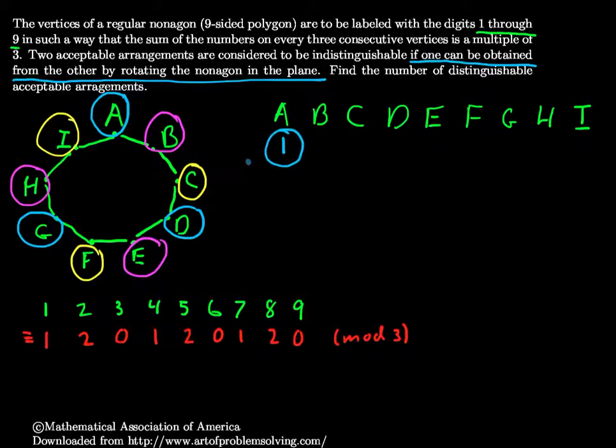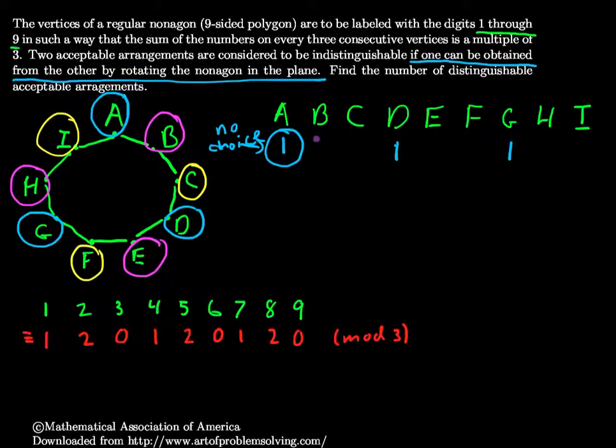And the reason that I'm going to do this, so there is no choice here. It is 1. And what this does for me is, if one can be obtained from the other by rotating the nonagon in the plane, well, I can always rotate the nonagon so this 1 is sitting at the top, and that'll take care of all of my rotations. But this means that then D and G must be 1 mod 3's. Okay? And there are 2 ways that I can get the other ones to work out.